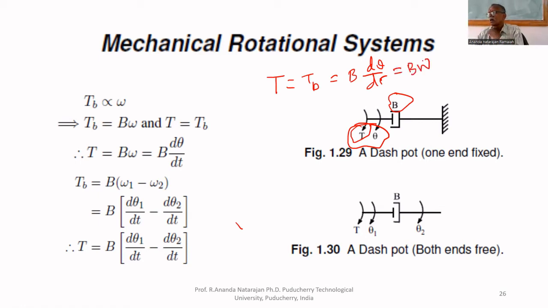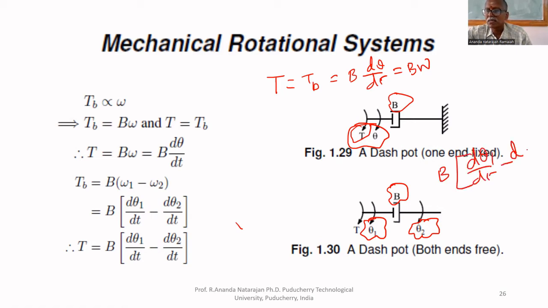If both ends are free, one end has a displacement of theta 1, the other end has a displacement of theta 2. The dashpot constant is B. Therefore, B(d theta 1 by dt minus d theta 2 by dt). Why is theta 1 taken as positive?